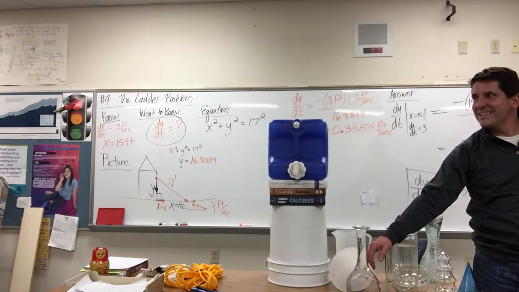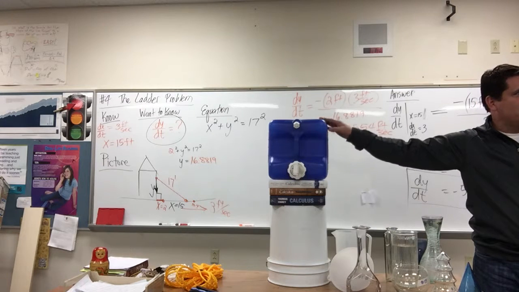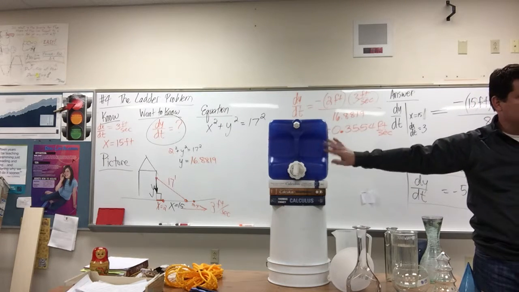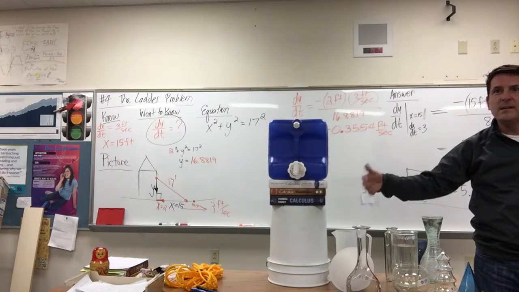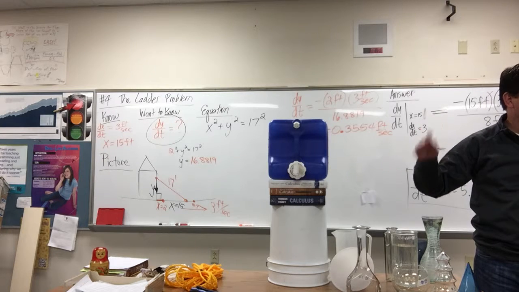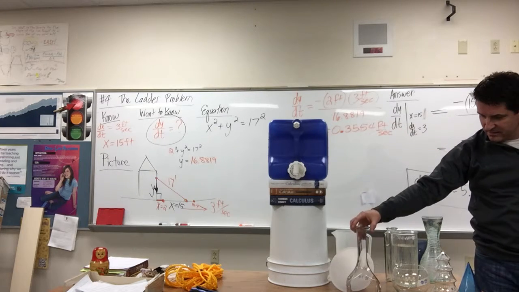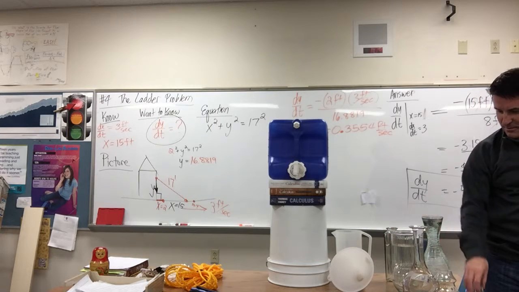What is the rate? It's constant. It's the same as this one. This one is negative because it's coming out of there, but this one is positive. It's the same number. dV/dt is exactly the same. But dH/dt, the rate that the height is changing, that one's different.